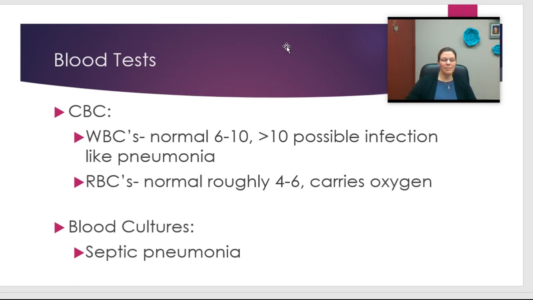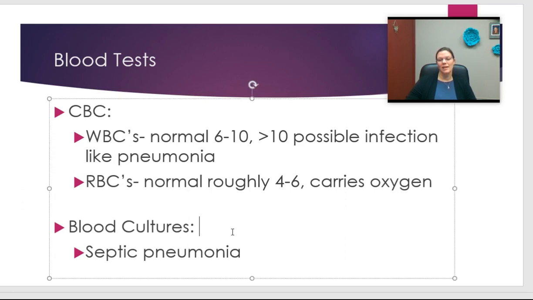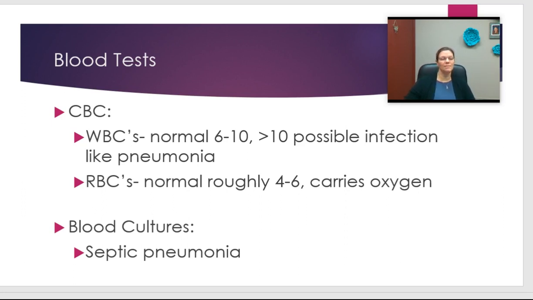If you are anemic or you have low RBCs, it might be difficult for your body to transport oxygen around. You will also sometimes have to draw blood cultures on a patient, and we do get 2 sets of blood cultures just in case. What they're looking for would be sepsis that is caused from some sort of respiratory infection, so a septic pneumonia.